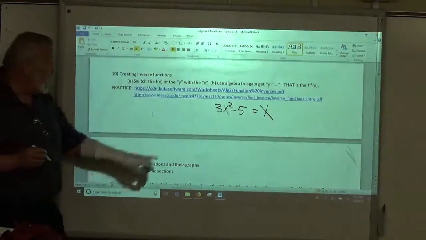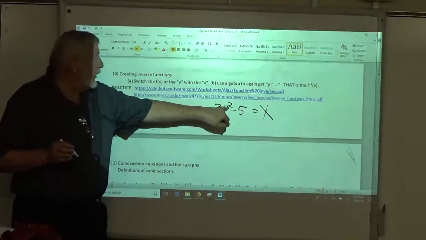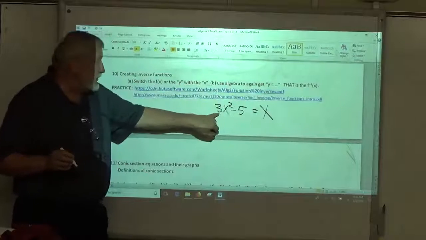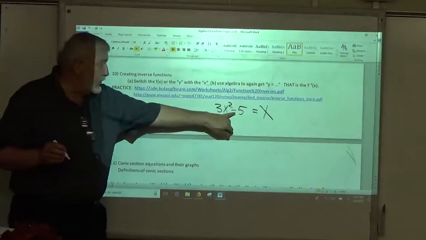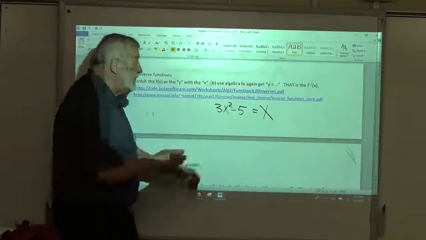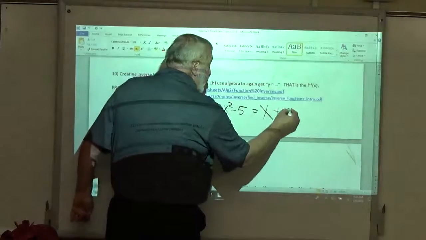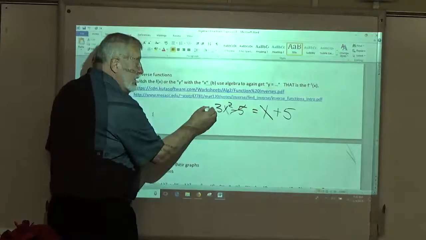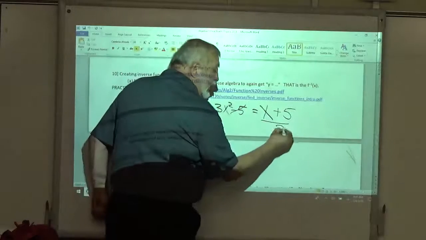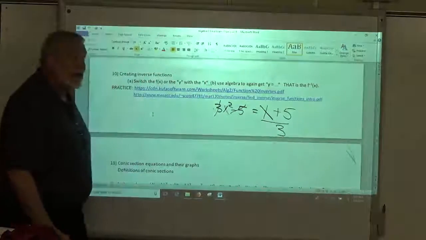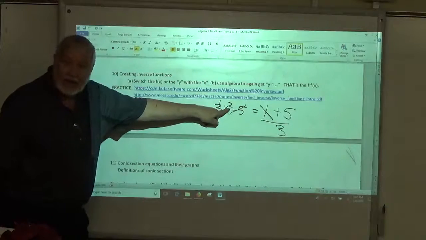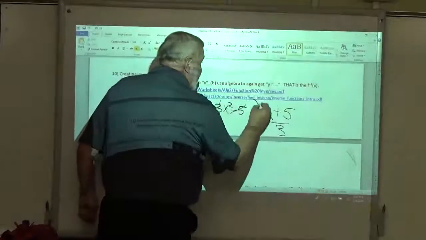Now, I need to get to 1y now. I want y equals. So the first thing I do is what? Add the 5, move the 5. Then I divide by 3 to get rid of that, and then I have to take the square root.